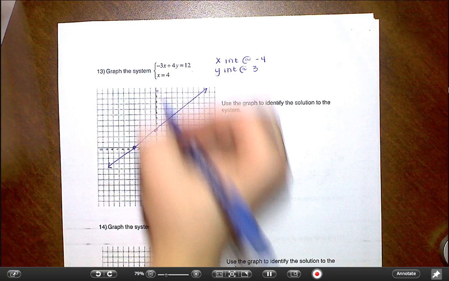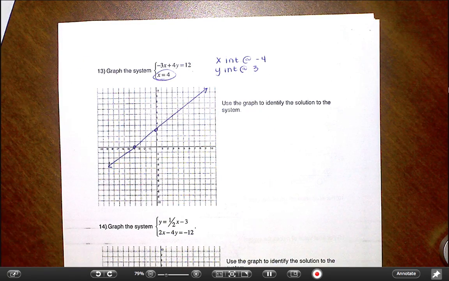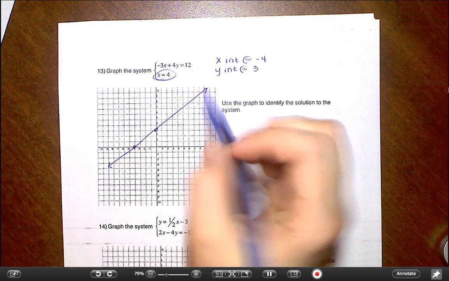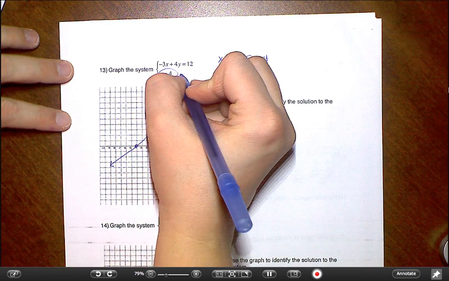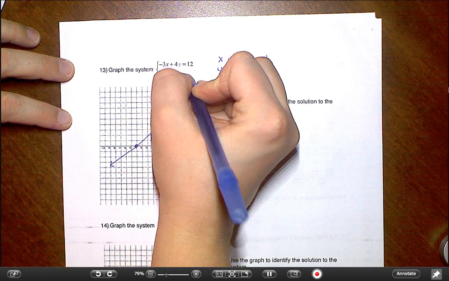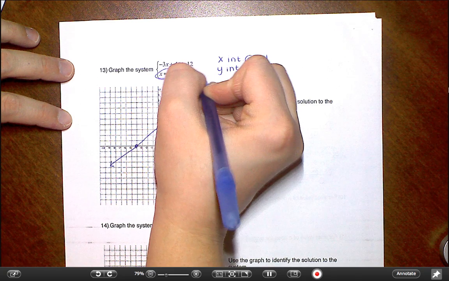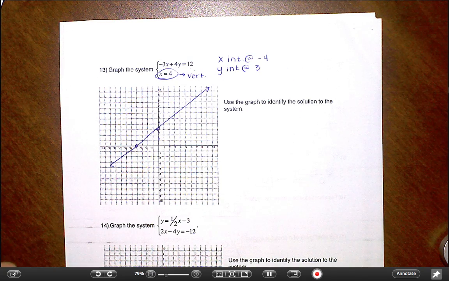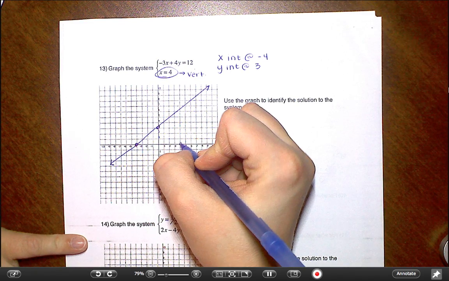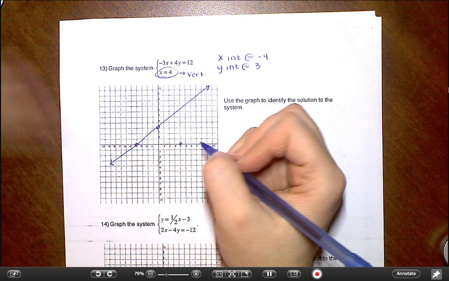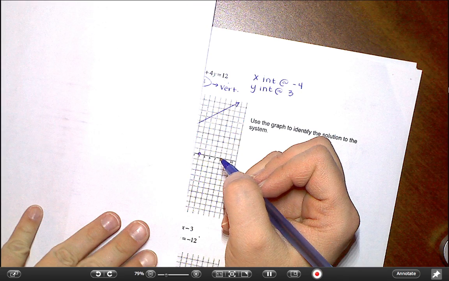And then the equation x equals 4, and when you get to the chapter 3 review stuff, we're going to spend a lot of time talking about these. This kind of equation, remember, dust this off, is a vertical line. Okay, anytime it's x equals a number, that's a vertical line. So I'm going to go to where x is equal to 4, that'd be right here, and just draw a vertical line straight up and down.